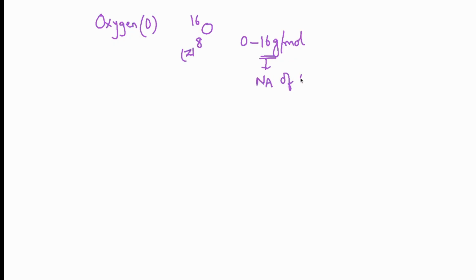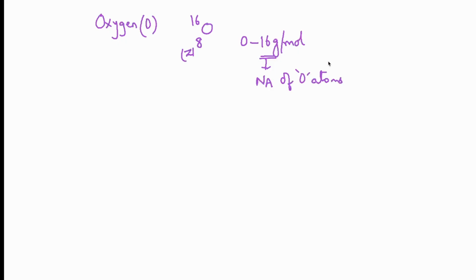Let's take the example of oxygen, which is designated O. Now oxygen is usually designated like this. So it has an atomic number of 8 and a mass number of 16. So the molar mass of oxygen is 16 grams per mole. So if you weigh 16 grams of oxygen, then that would contain Avogadro number of oxygen atoms.